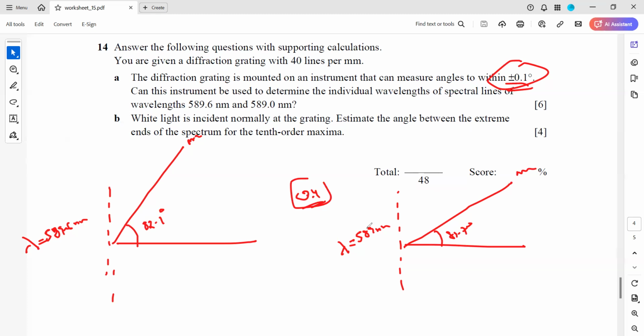But at the individual level, for n equal to 1, it cannot distinguish because this was 1.35 degrees and that was also 1.35 degrees.